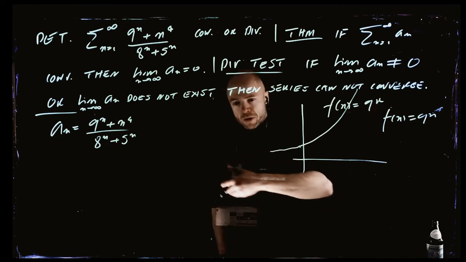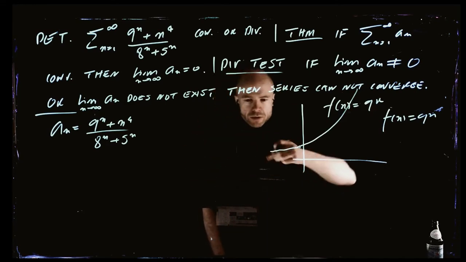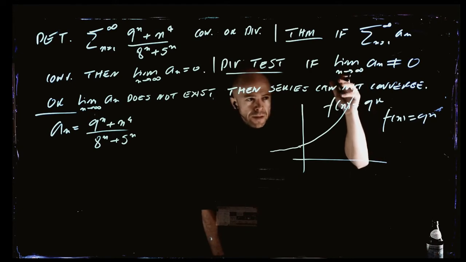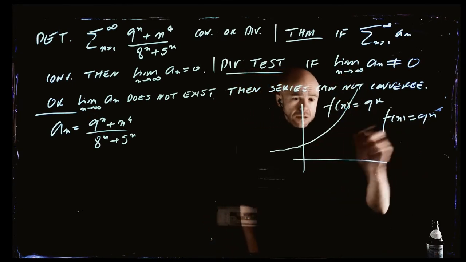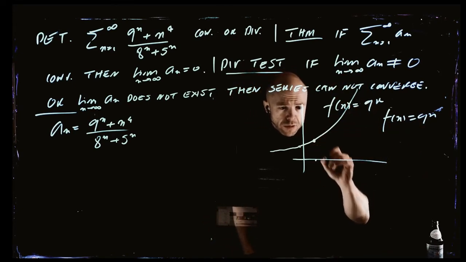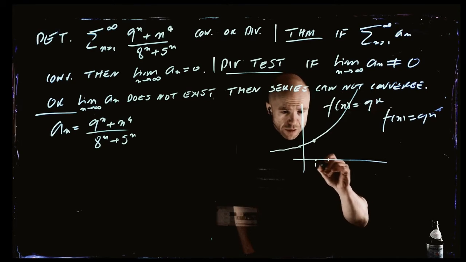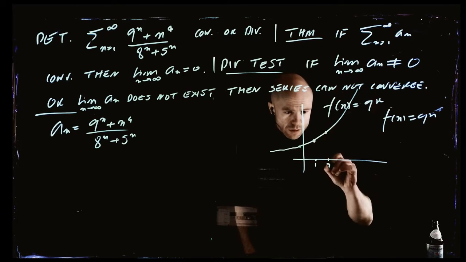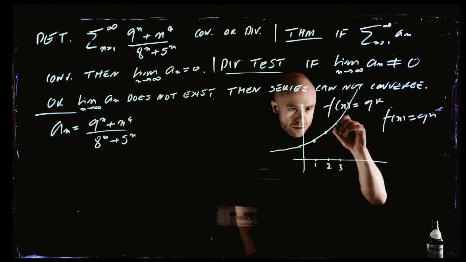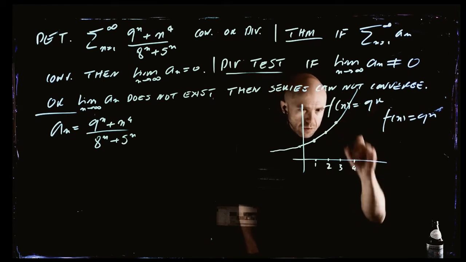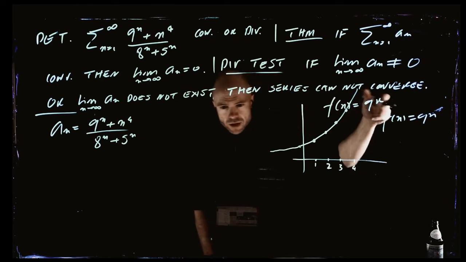It's even faster growing than e to the x because 9 is bigger than 2.71 or whatever. And this sequence is just points on this graph above the integers. That's one of our tools to understand sequences: to find the graph that recovers the sequence.